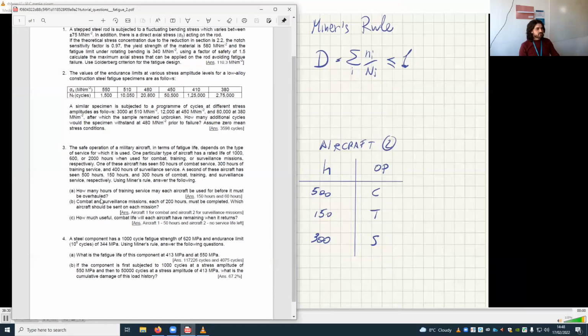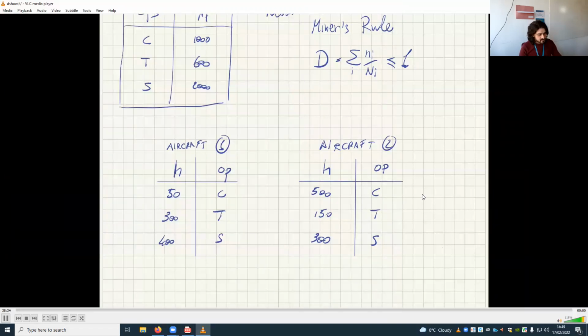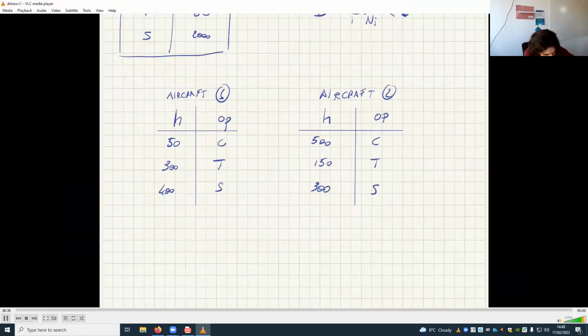Question A, how many hours of training each aircraft has got? So how much more training, so X and Y would be my unknowns.